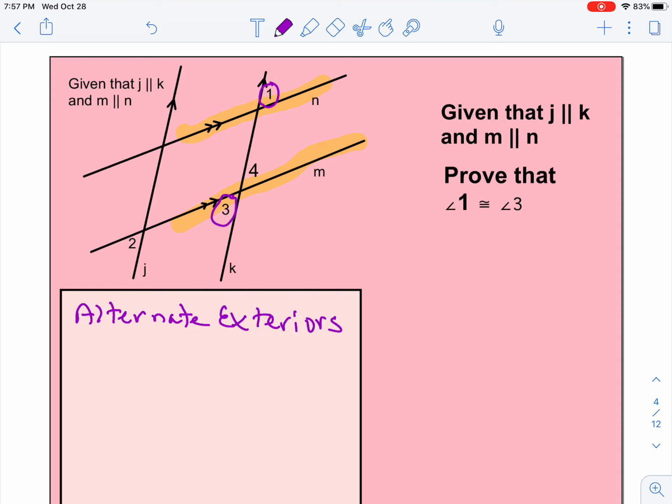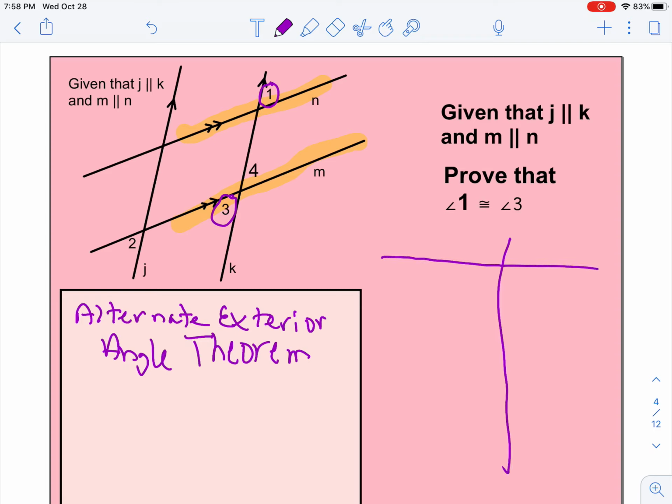But we want to prove it, so we can't use that fact in our proof. We have to go about it a different way. So we're really proving the alternate exterior angle theorem. So we can go about it using another parallel line theorem.